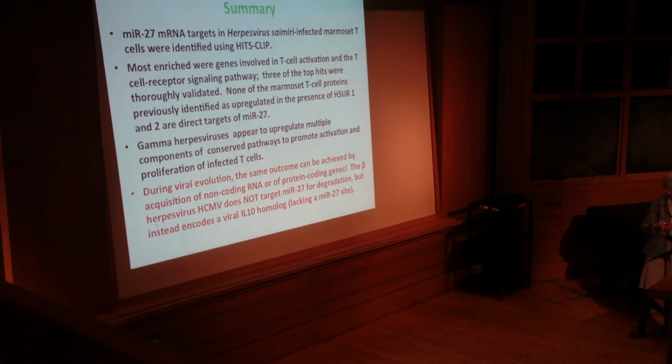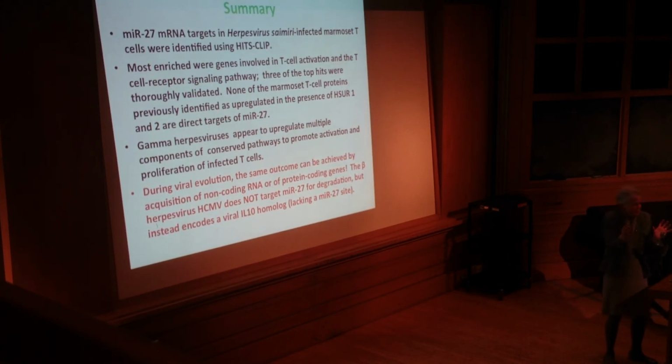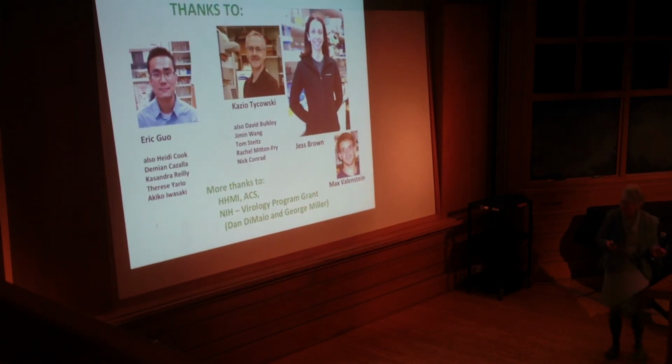But now looking back at human CMV, we see that it instead encodes a viral IL-10 homolog, which is a target of miR-27. So it appears that this strategy of either picking up a non-coding RNA or picking up a protein coding gene may have been repeated in evolution and may be something that we'll see more of as we look at even more viruses.